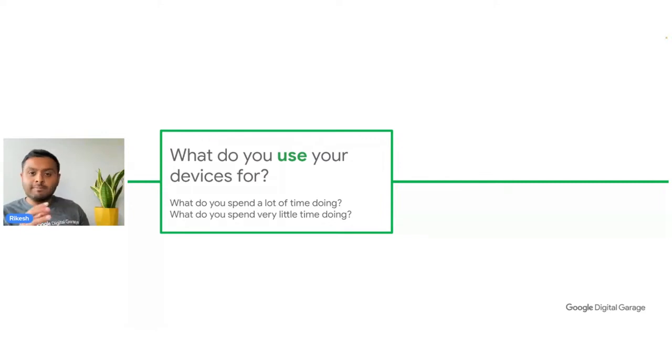And just to make things a little more condensed with this question, think about, what have you used your smartphone for in the last 24 hours? So I want you to jot that down. I'm sure you'll have a long list, so jot down everything that you've used it for.